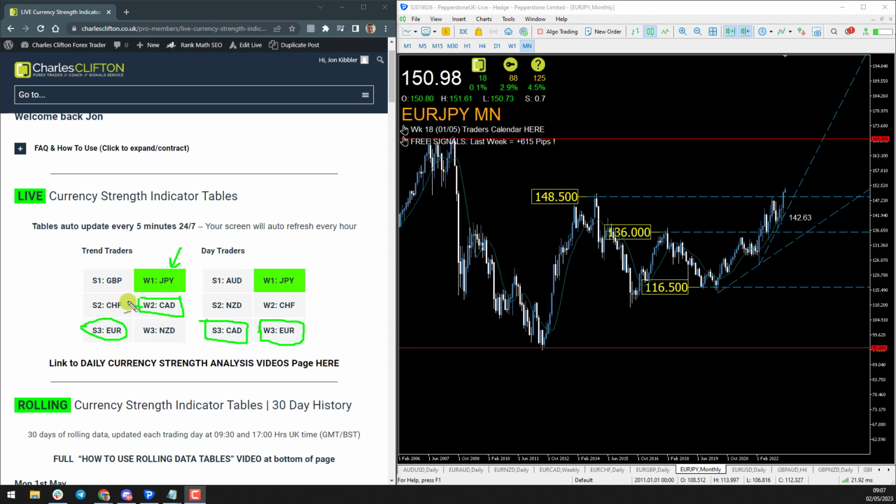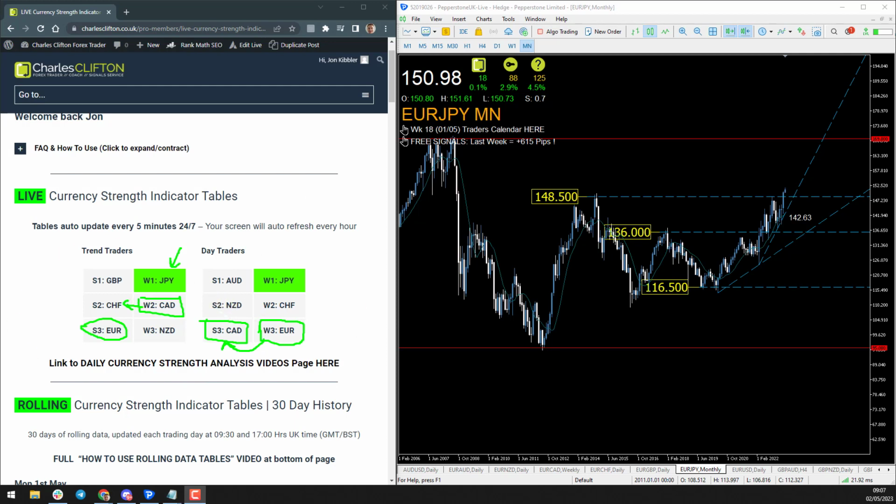We want to see CAD come over onto this strong side of the table. We want to see Euro come over into this side of the table to give us an opportunity to look for that confirmed signal on the currency strength indicator tables to then continue the potential move that we're seeing across the markets at the moment.